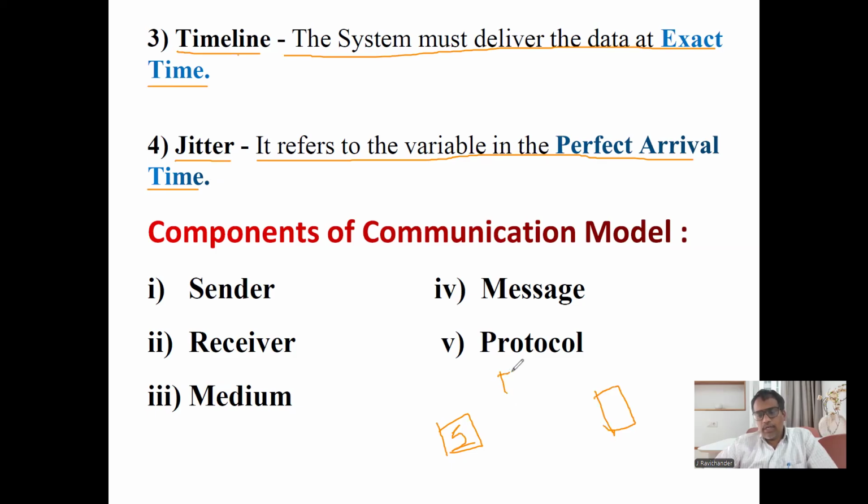There are different devices. One takes this path, one takes this path, another may take this path. So there is a variation in the arrival of the data at the receiver. This is called as jitter.